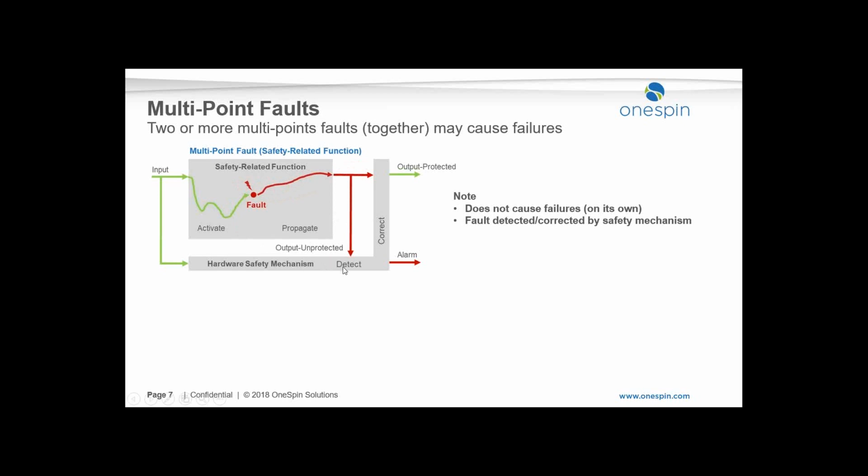But the safety mechanism is good enough in this case. It detects the fault and raises an alarm. Maybe it also corrects the fault and we get the correct output. But the important thing really here is that the safety mechanism is detecting this and raises the alarm. And so this is, let's say, not a bad fault on its own, and we call this a multi-point fault.